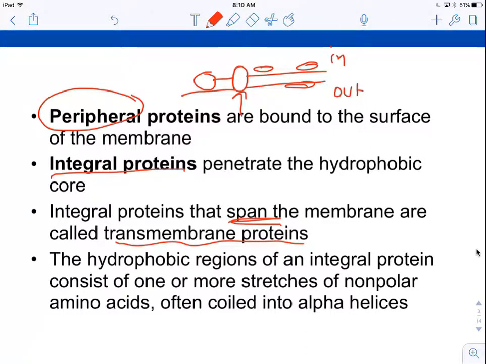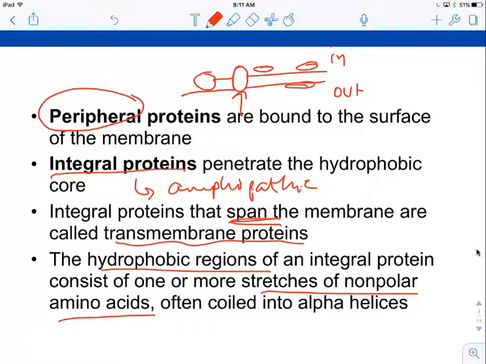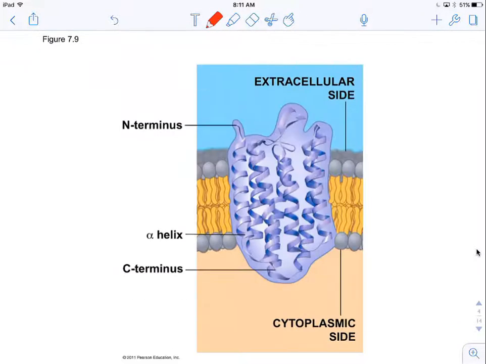And again, these integral proteins must be amphipathic because they have to have both hydrophobic and hydrophilic regions to be in both parts of the membrane. The hydrophobic regions that are internal to the membrane bilayer generally have stretches of nonpolar amino acids, often coiled up into alpha helices.